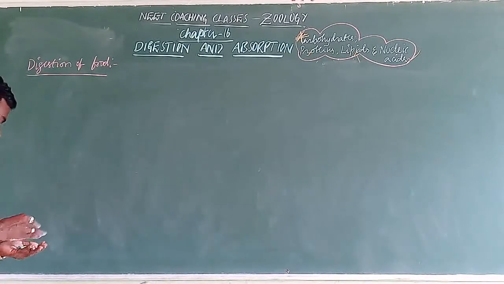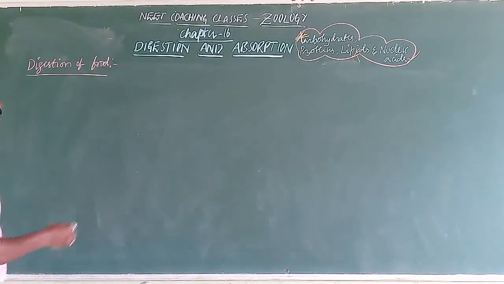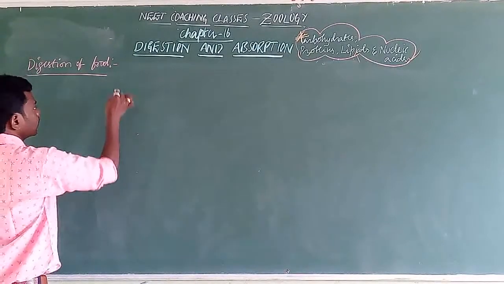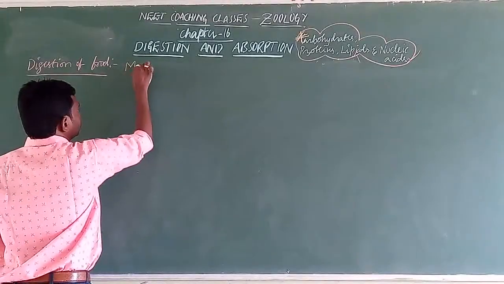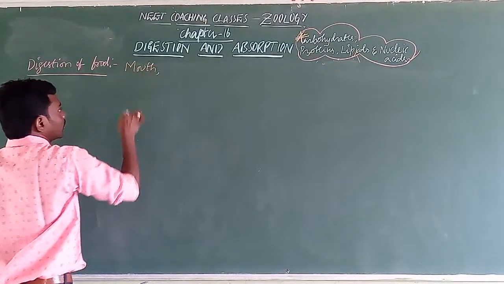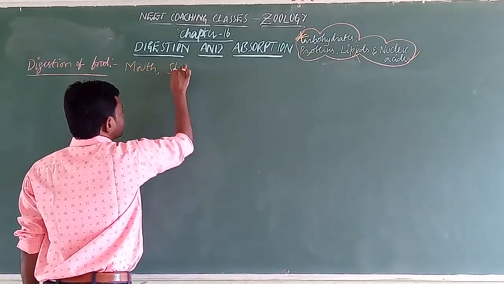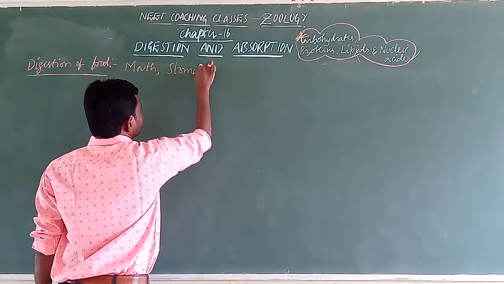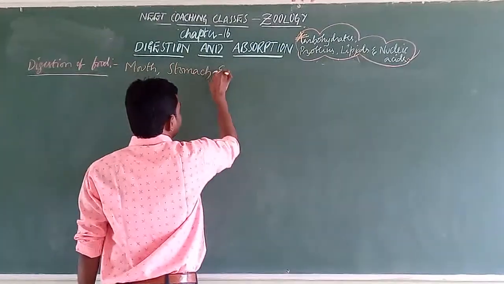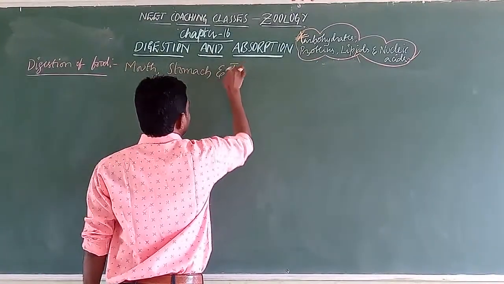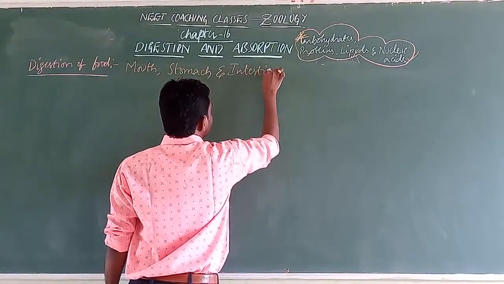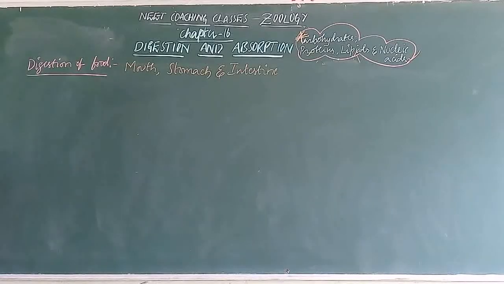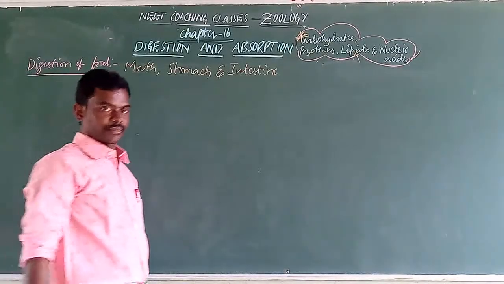Digestion of food takes place at three places: one is the mouth, second is the stomach, and third is the intestine. At these three places, the digestion of food takes place.